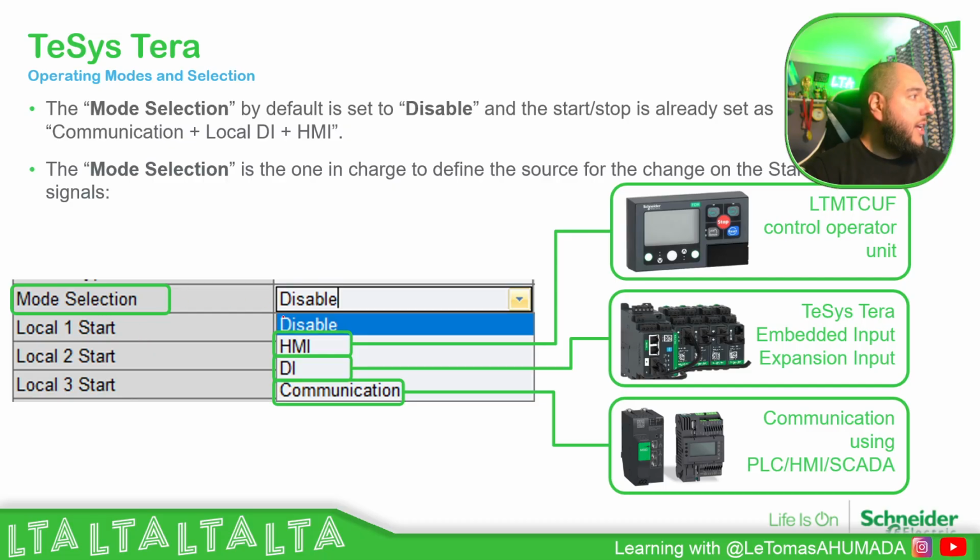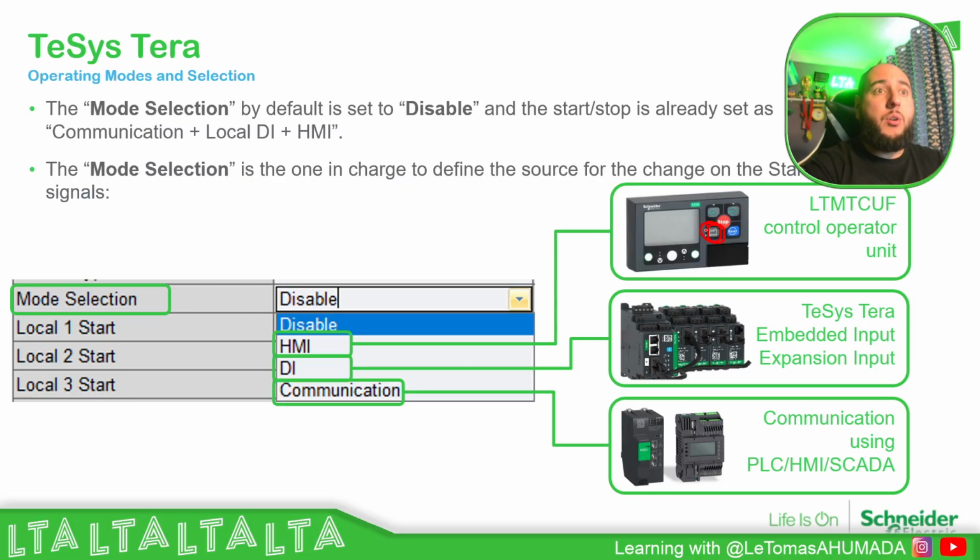The mode selection is basically the one that defines where the signal will be coming from in order to transition between the different local starts. If you select HMI, then the HMI is the one that makes the selection for which local start or local stop needs to be executed.